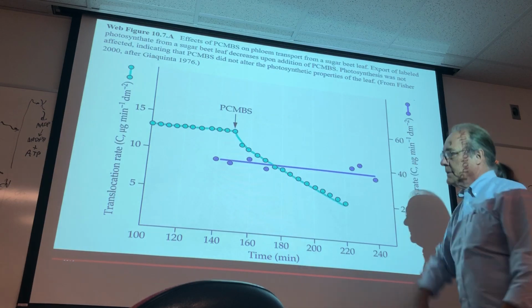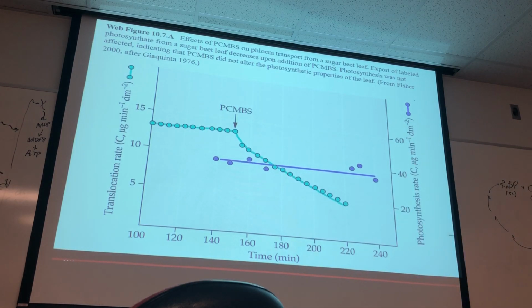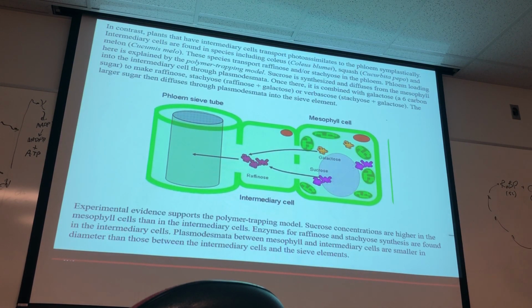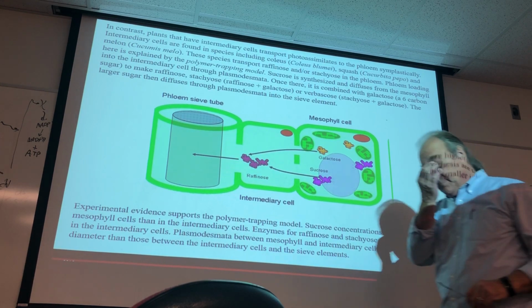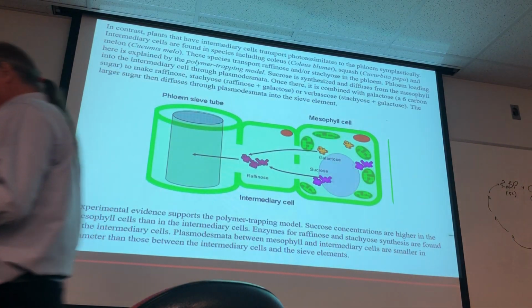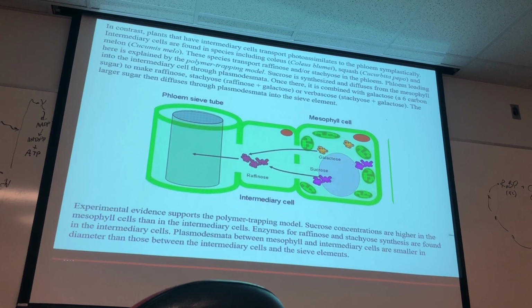So this is pretty good evidence of what's going on in those plants, those portions of the plant that have ordinary companion cells or transfer cells.